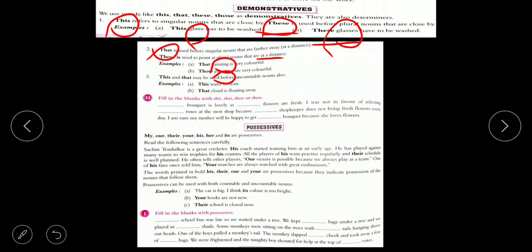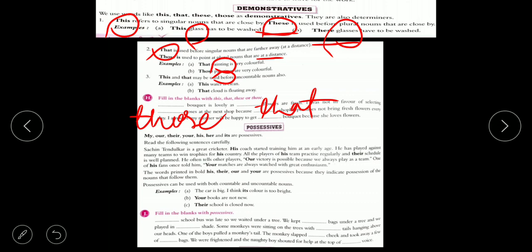I was not in favor of selecting those roses at the next shop. Roses is plural, and for plural at a distance we use those. That shopkeeper does not bring fresh flowers every day.